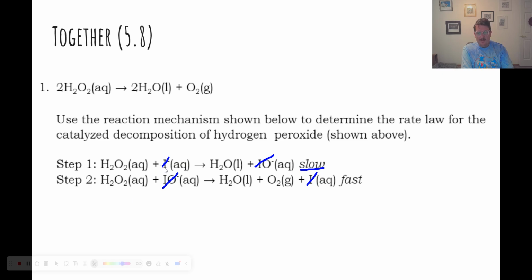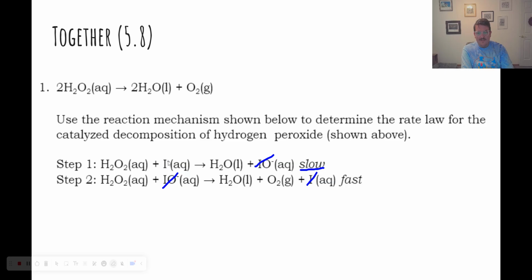Now, what about this? We crossed it out because it was a catalyst, right? So it doesn't show up in the overall. But here's the thing. When I'm looking at this single step here, this I minus has not been canceled out yet. It's still a reactant there.